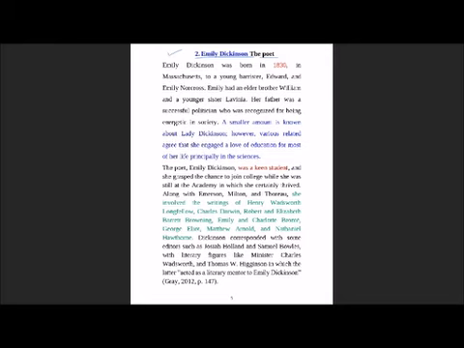So, Emily Dickinson was born in 1830 in Massachusetts to a young barrister, Edward, and Emily Norcross. Emily had an elder brother, William, and a younger sister, Lavinia. Her father was a successful politician who was recognized for being energetic in society, an active person in the society.